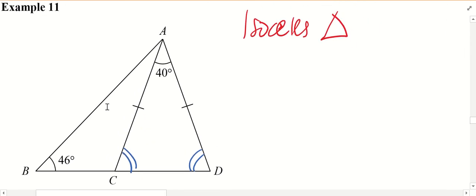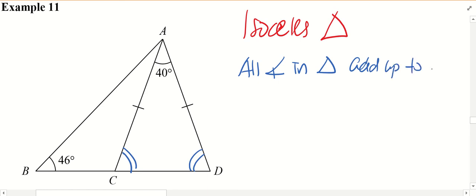All angles in a triangle add up to 180 degrees. I'm already given one of them, 40 degrees, and I know that these two angles are the same. Can I calculate the other two? Yes, I can, and I'll probably need to calculate these two later on in one part of the question.